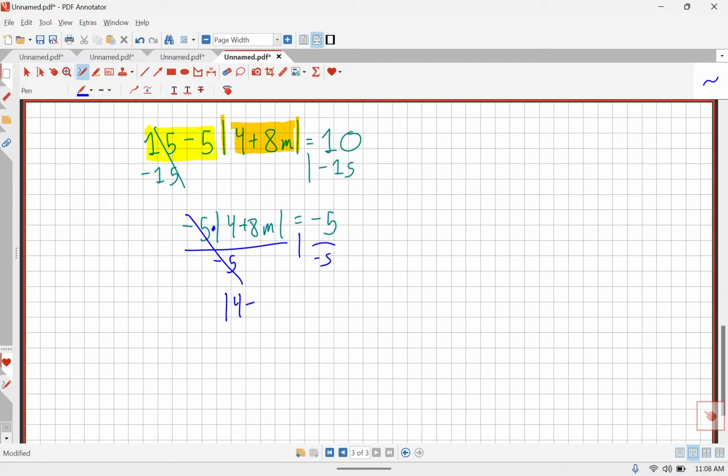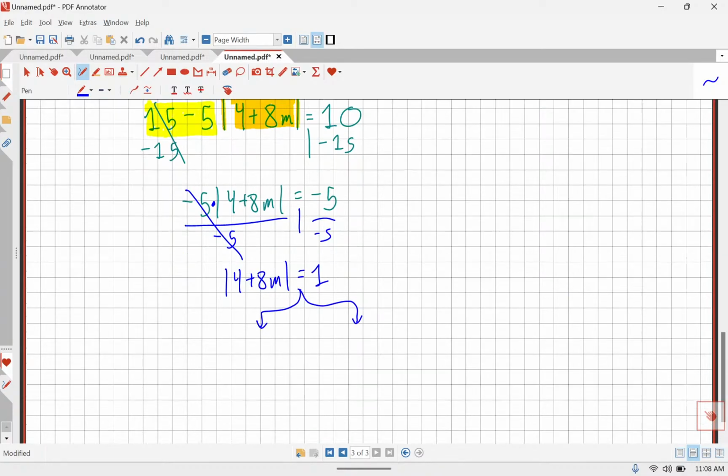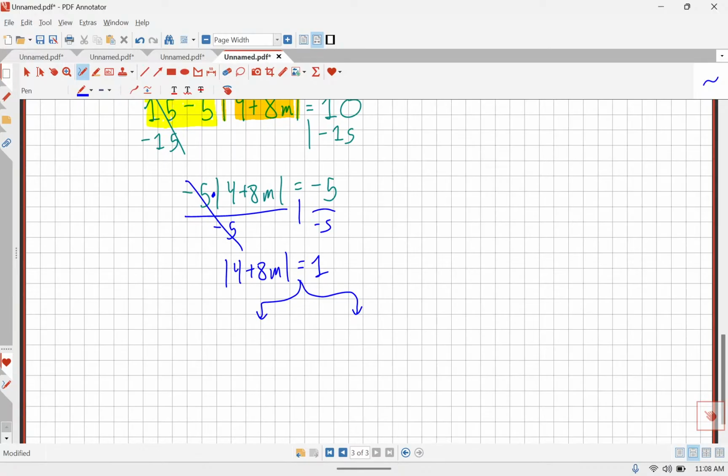The absolute value of 4 plus 8m is equal to positive 1. Now that the absolute value is alone, the guards are gone, you can split up and do the whole opposites thing. 4 plus 8m equals 1, or 4 plus 8m equals negative 1.